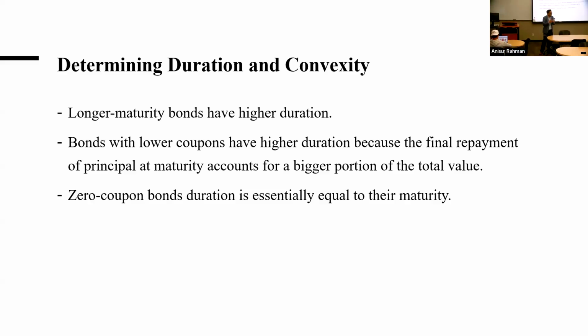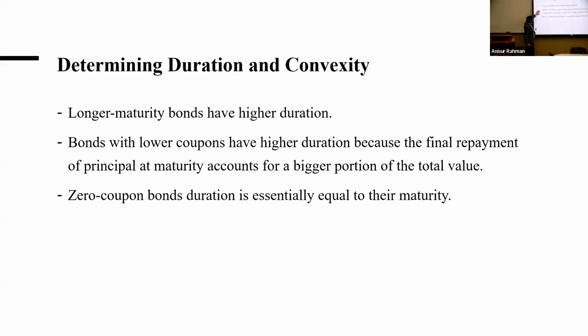But in duration, we actually incorporate that. If we receive cash flow, we actually calculate that in our duration. That's why for coupon bonds, duration will be lower than the maturity, right? Does it make sense? Because you are actually receiving some of the cash flows over time, right? Okay.